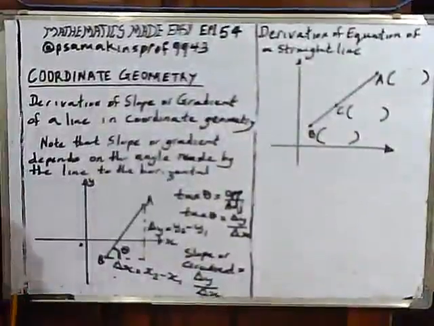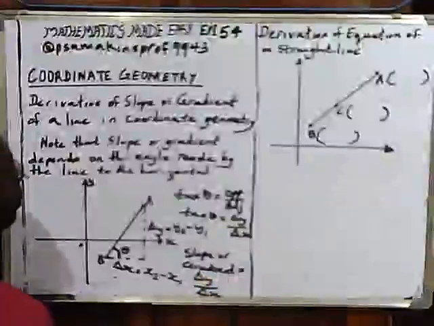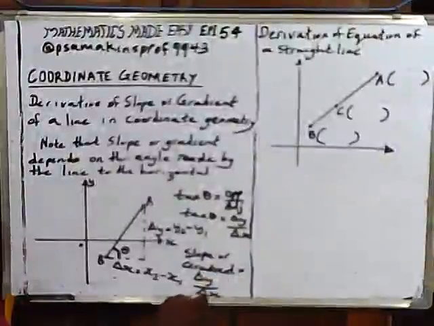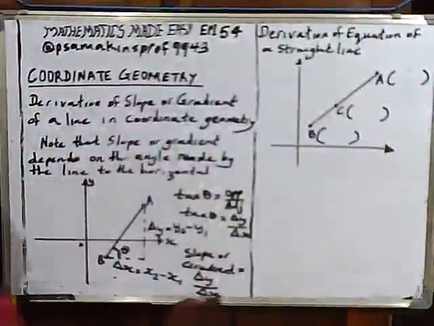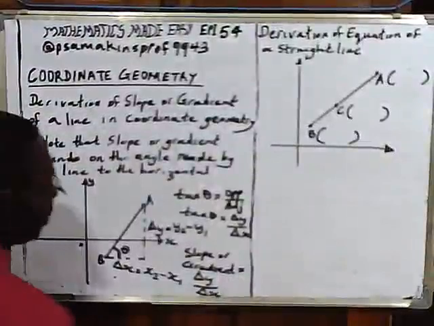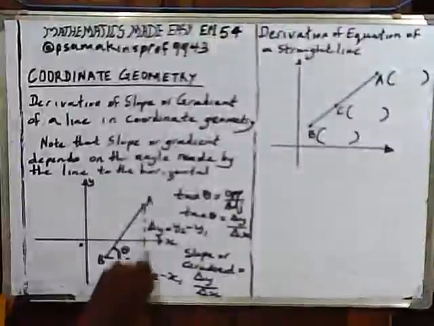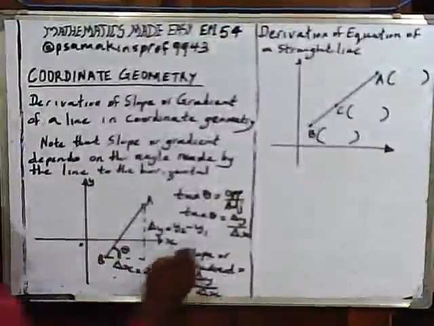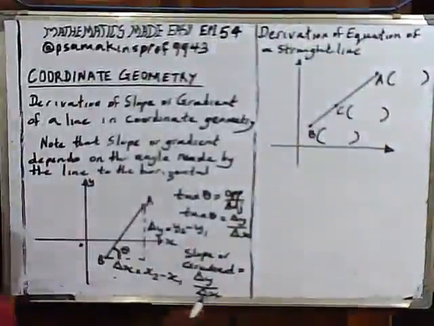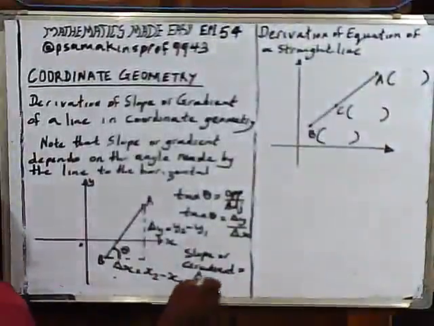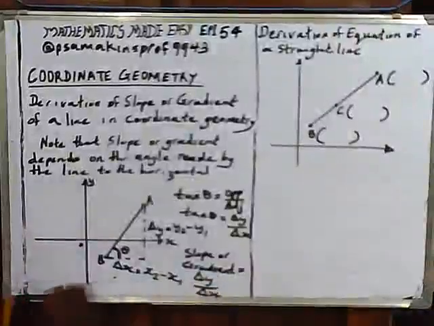And if it is further mathematics now, I can go further to make change in x tend to 0. Whenever I make change in x tend to 0, then this one will be dy/dx. That means the slope of a given straight line can easily be determined if we differentiate y with respect to x.